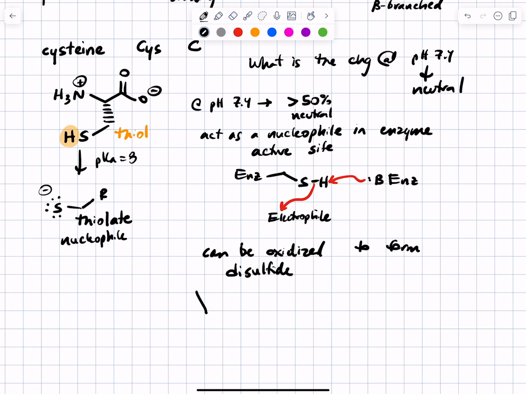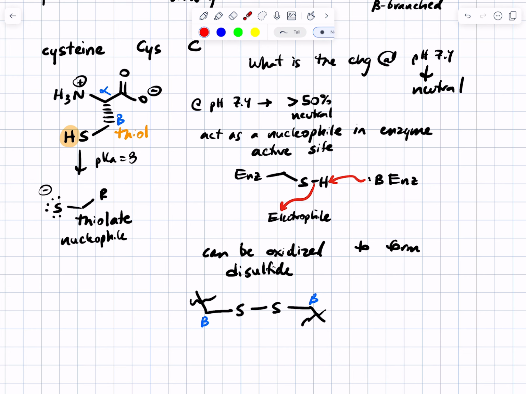In a disulfide, the sulfur from one cysteine side chain is linked to the sulfur from another cysteine side chain, via a covalent bond between the two sulfurs. That's a disulfide bond. And cysteines are used all over the place in proteins to make cross links between amino acids to help hold proteins together in a particular shape.